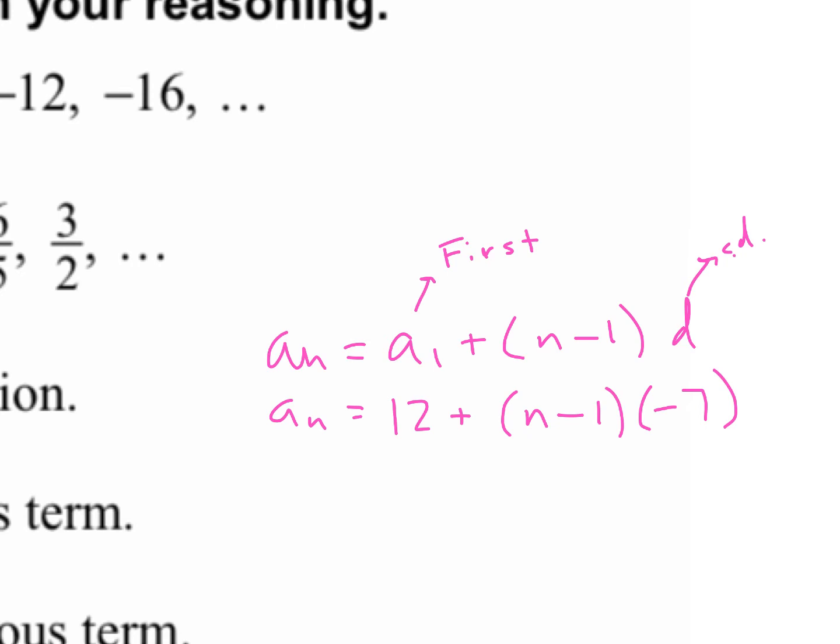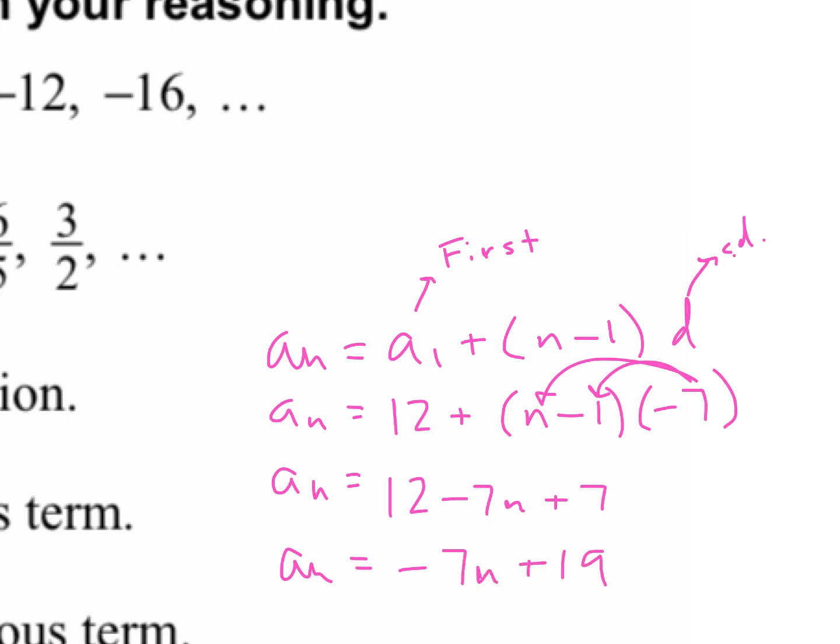And then we just want to simplify this a bit, so what should I do to simplify? Distribute the -7, so it would be -7n plus 7. And then what else do I have to do? Add 12 plus 7, so -7n plus 19.